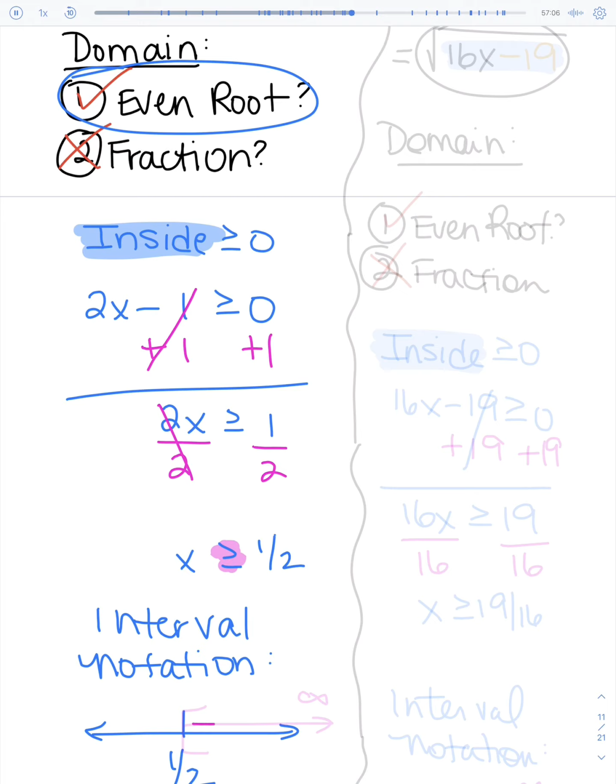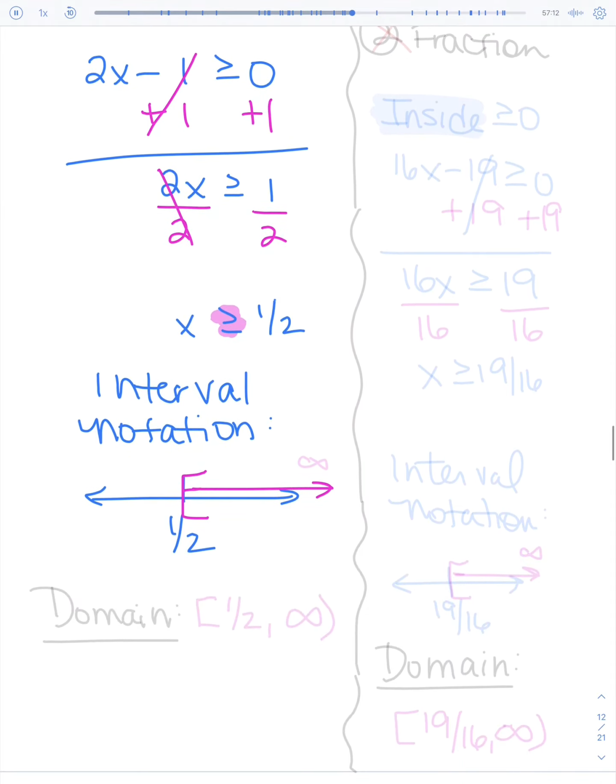The greater than means we're pointing to the right. So we'll have a bracket because of the equal to, and it's pointing off to the right. That means our official final answer for our domain is however we read this graph from left to right. From left to right, the graph starts at a bracket at 1/2 and continues off to infinity, because it's continuing off forever. Remember that infinity always uses a parenthesis, and that's going to be our final answer for our domain.